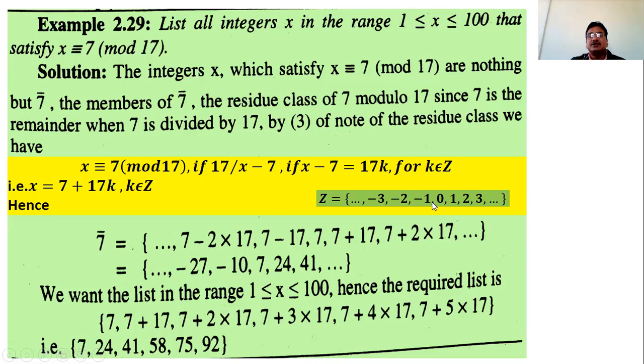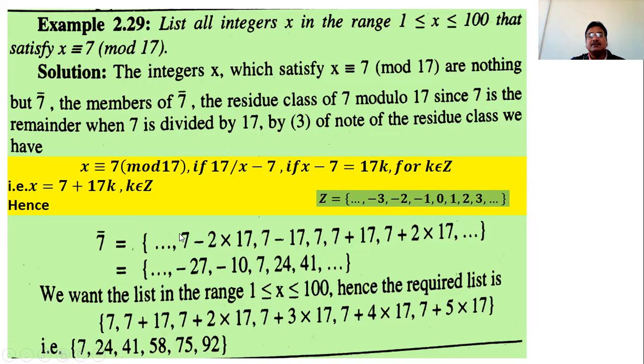Then substitute k as 0: 7 + 17 × 0, and 17 × 0 is 0, so that is 7. Then substitute k as 1: 7 + 17 × 1, that is 7 + 17. Then k as 2: 7 + 2 × 17. In this way we get the elements.